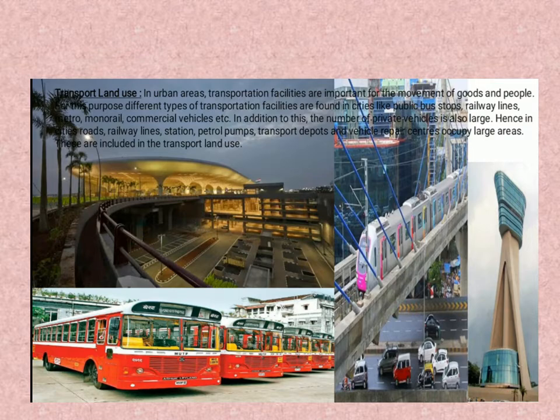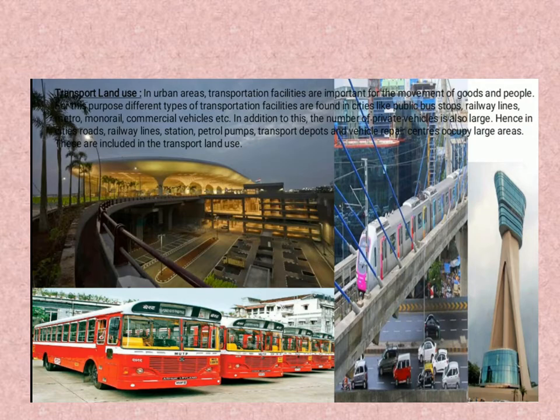In addition to this, the number of private vehicles is also large. Hence, public roads, railway lines, stations, petrol pumps, transport bus depots and vehicle repair centers occupy a large area.